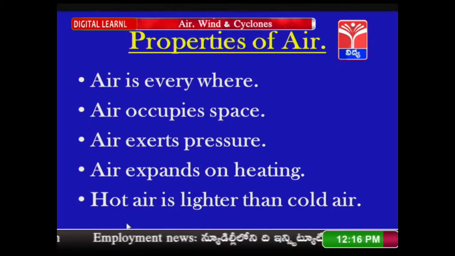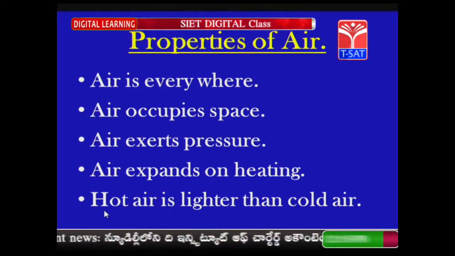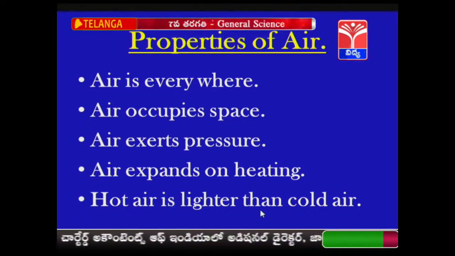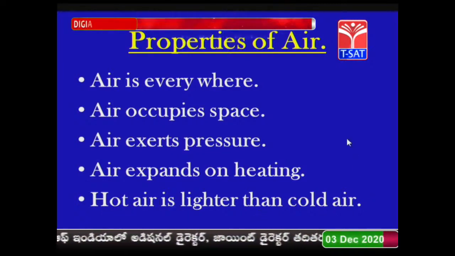We also conducted an activity to understand that hot air is lighter than cold air. We have learned so many properties, right, children? Yeah. Now, how are these properties helpful in our day-to-day life?